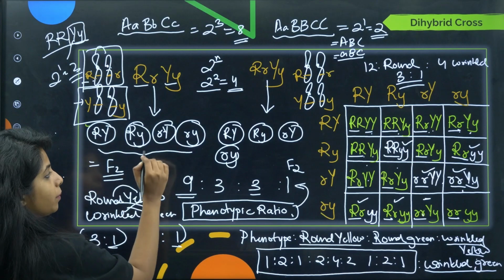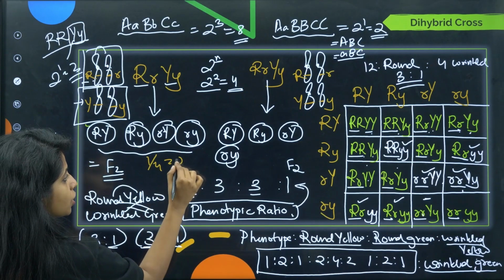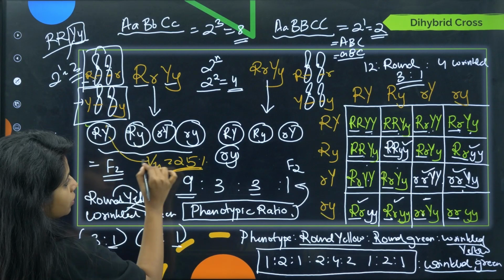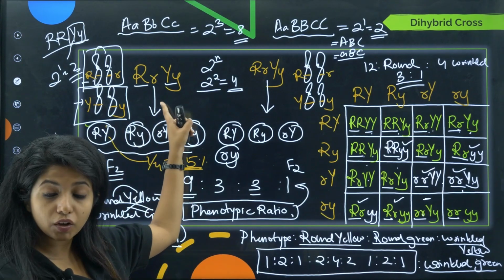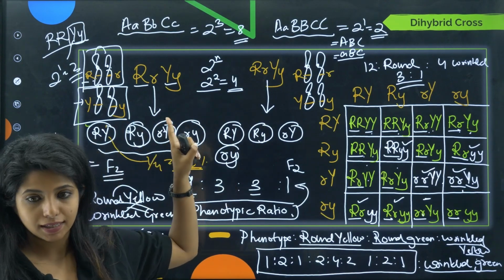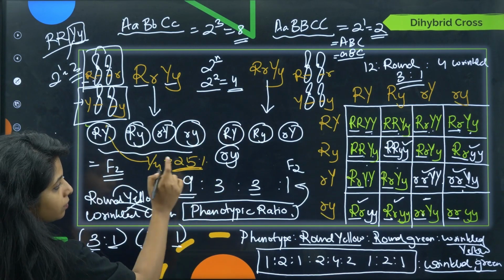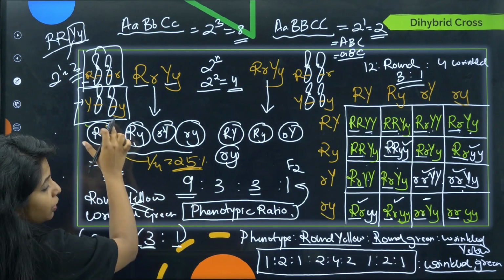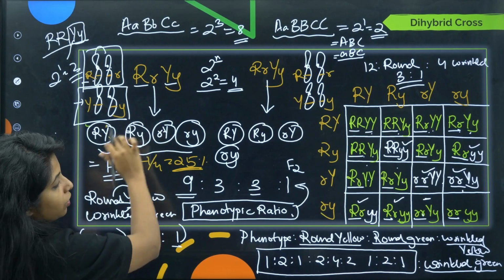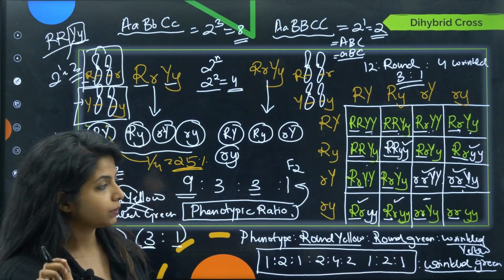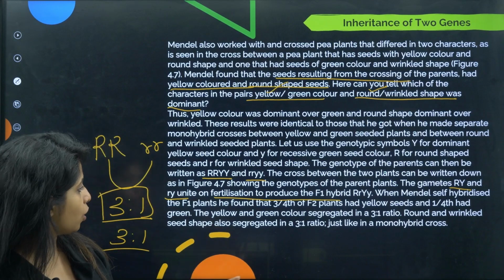There are 4 gametes, so it will be 1/4, that is 25%. 25% chance for this particular gamete to come if the cross is dihybrid like this. 1/4 chance is that this particular gamete will be coming down, or this particular gamete will be coming down. It's 25% each. Please remember it, write it somewhere. Okay, when you're talking about a dihybrid cross.